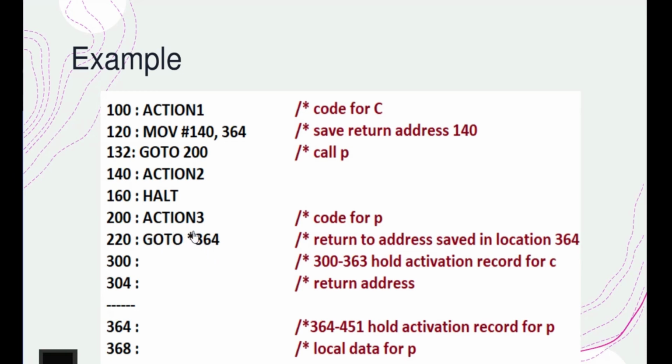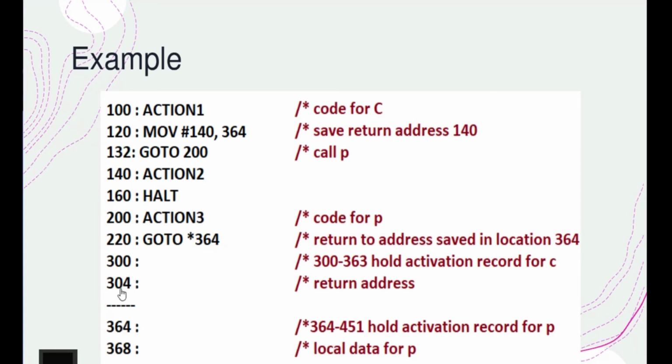So if an instruction is in this manner, it transfers control to the beginning of the activation record. In the beginning we will have some address, right? For the activation record, it will transfer control to that place. In this case, go to *364 means it returns to the address that is saved in location 364.